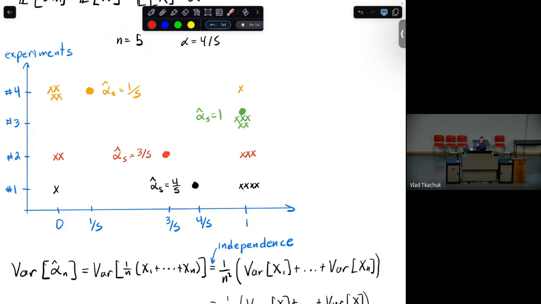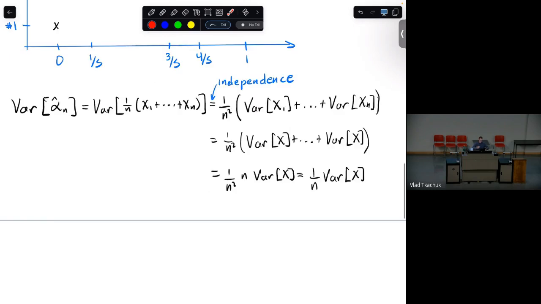You would much more likely see that all of these points, for instance this one and this one and this one, would be much closer to 4 over 5. In words, the variation between the experiments is not that high. Mathematically, the variance of the sample mean is the variance of the original coin, but it goes down as 1 over n. So as you increase n, the variance goes down.